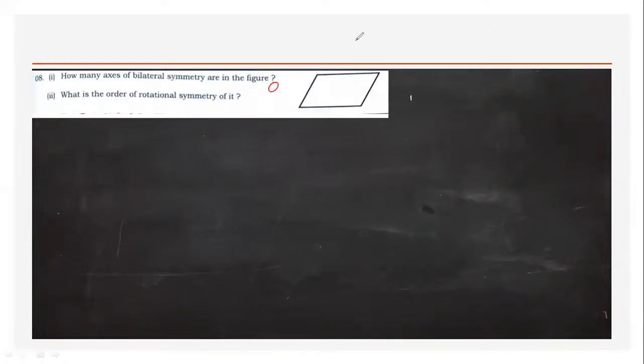When you rotate it and it comes to the same position, it coincides 2 times. So we can write the order of rotational symmetry is 2.